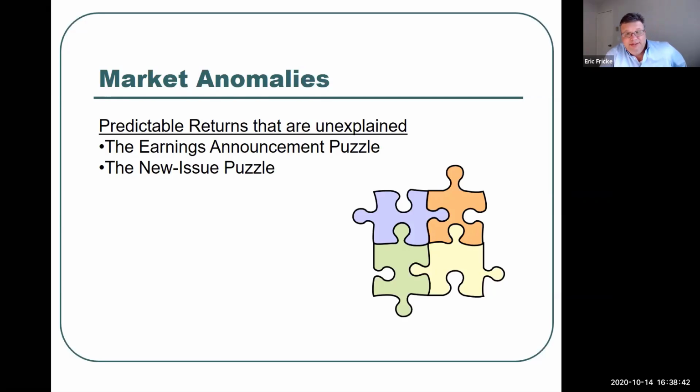The new issue puzzle. With IPOs, we do see that stock prices jump a lot that first day. And it's kind of a puzzle because from an academic's point of view, it seems like the companies are leaving money on the table because they should be asking for higher prices on the shares they're selling.